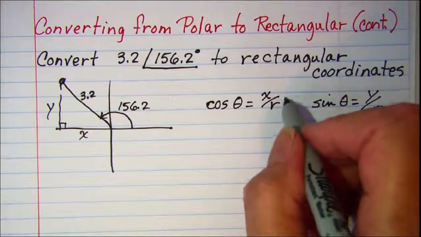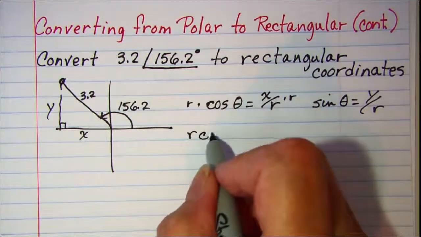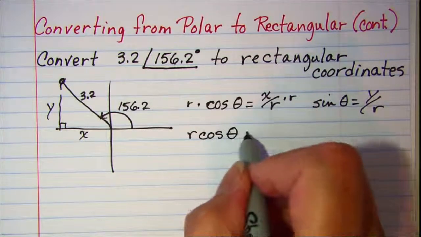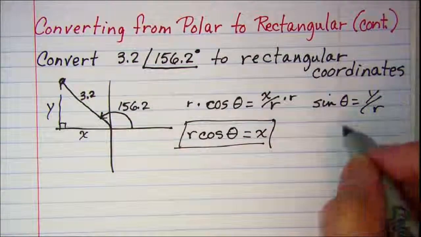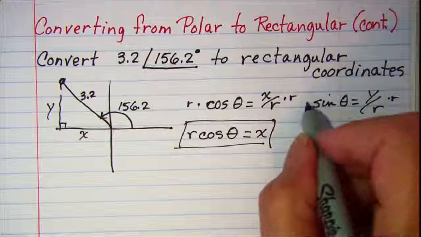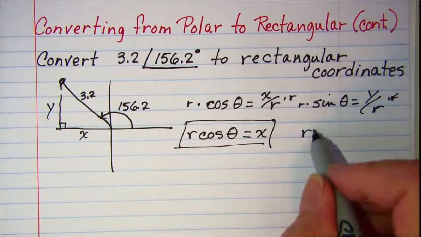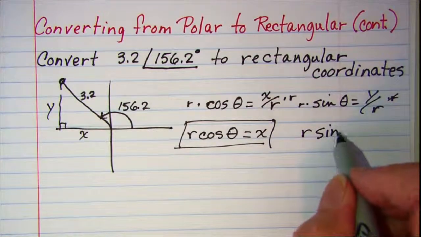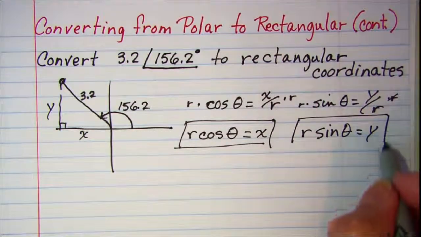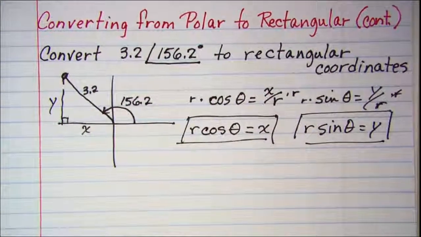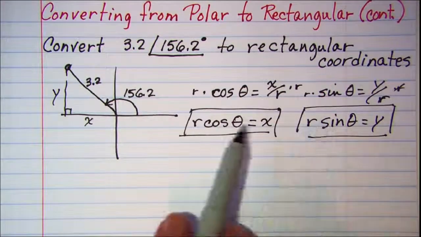So we can multiply both sides by r to get a quick way to find our x value, and multiply both sides by r to get a quick way to find our y value. So let's try this with these formulas.